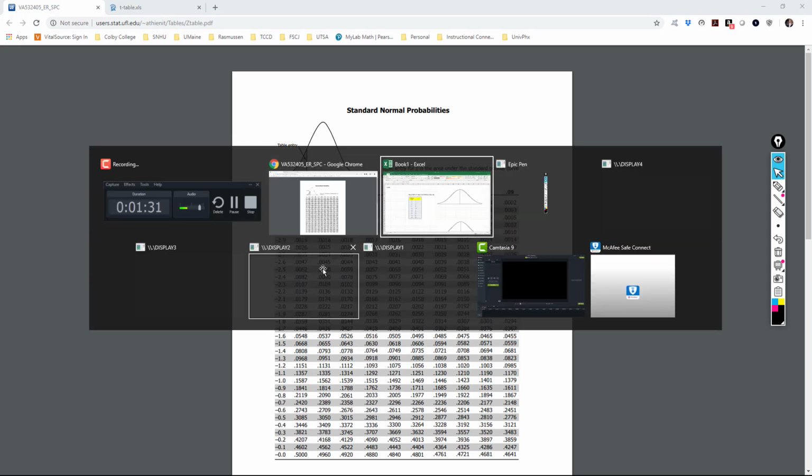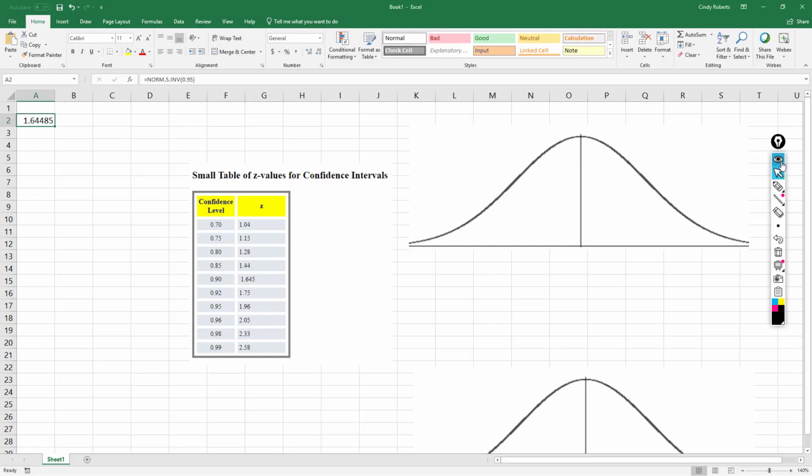Think about that. If I want 95%, let's entertain you once again with my drawing skills. So if I want 95%, this is an interval, right?